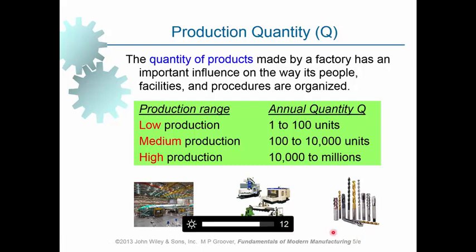To the left we have different sizes and shapes of drill bits. In the center of the bottom, we have a number of different types of machine tools. And to the left of the figures, we have the image of a plant that is manufacturing large aircraft. Well, as we can see, the shape, variety, and also size of these products are very different from one another.